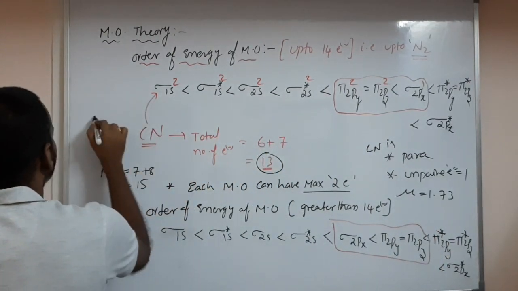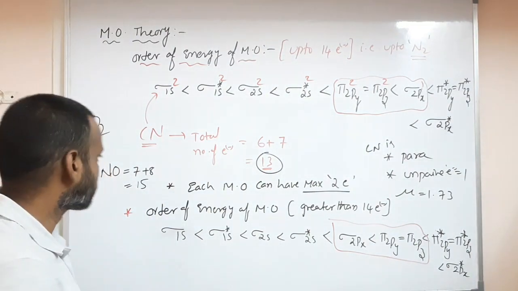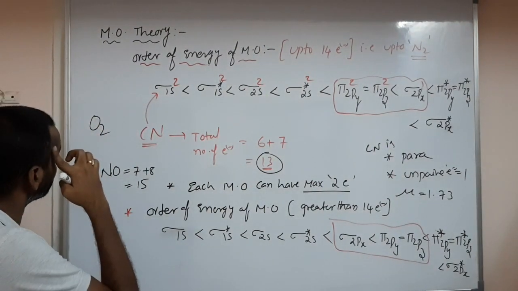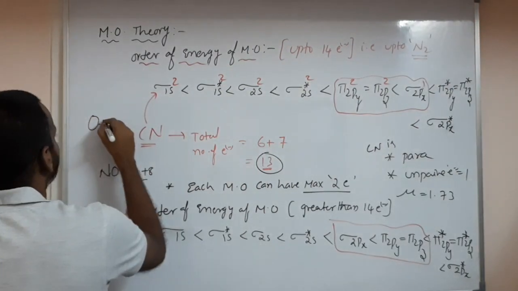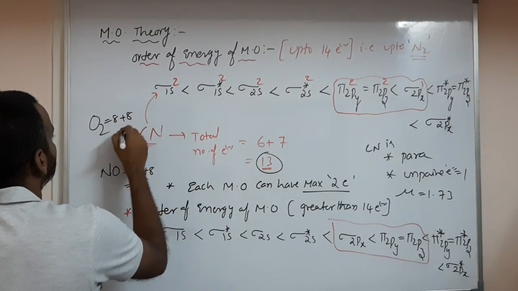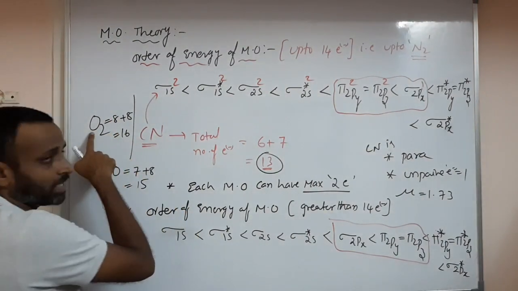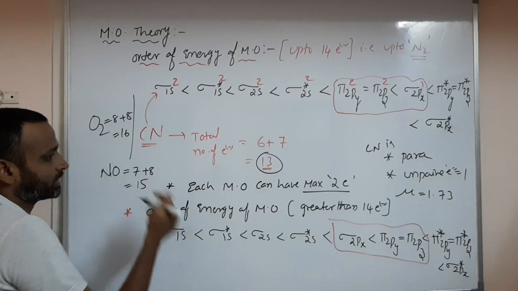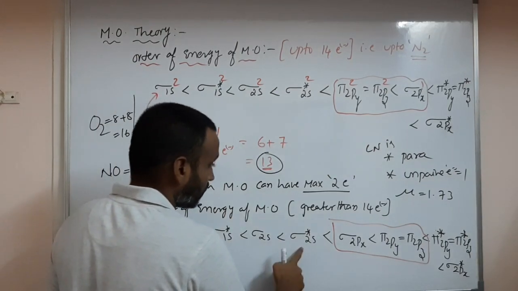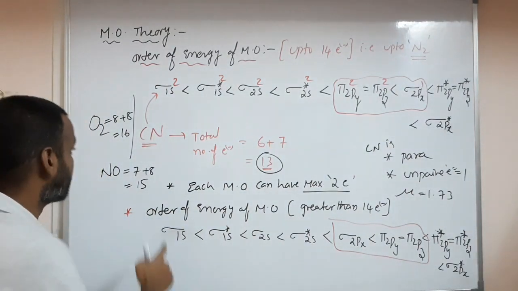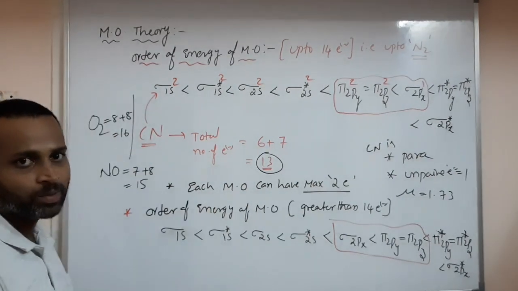Suppose O2, 16 electrons. Each oxygen atomic number? Oxygen 8. 8 plus 8, 16. Oxygen atomic number is 8. 8 plus 8, 16. 16, how to fill? 8 orbitals. Few people, very talented, will say 16, even number, 8 pairs, it's not having unpaired electrons.